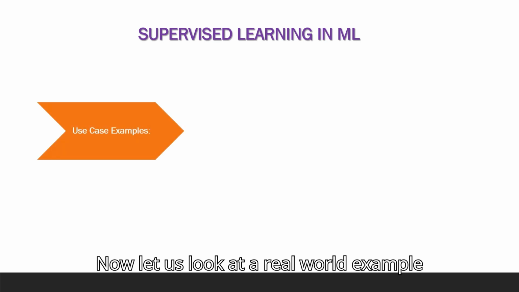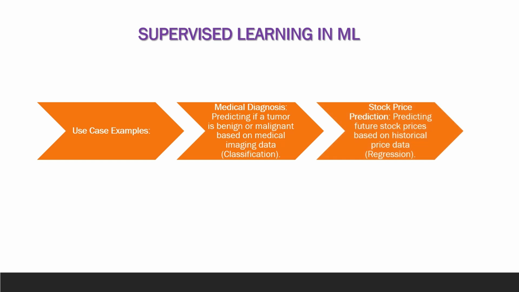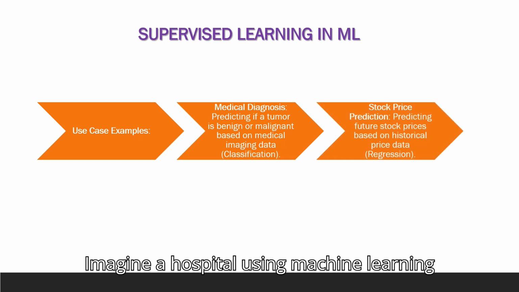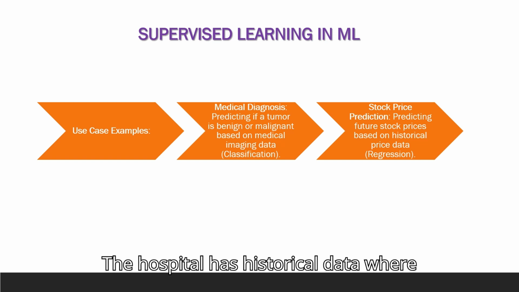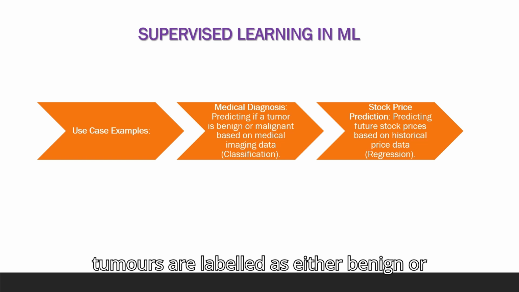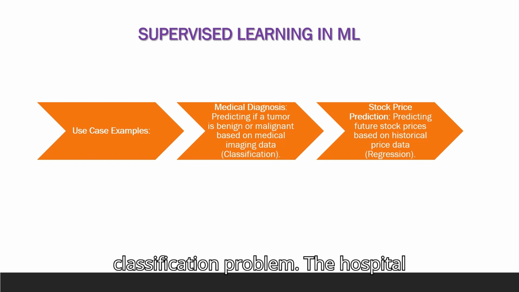Now, let us look at a real-world example of supervised learning in action. Imagine a hospital using machine learning to help doctors detect breast cancer. The hospital has historical data where tumors are labeled as either benign or malignant. This is a perfect example of a classification problem.